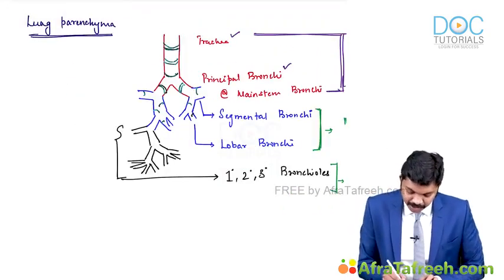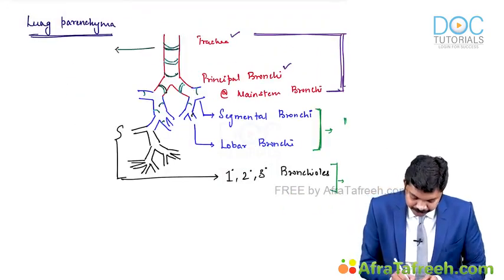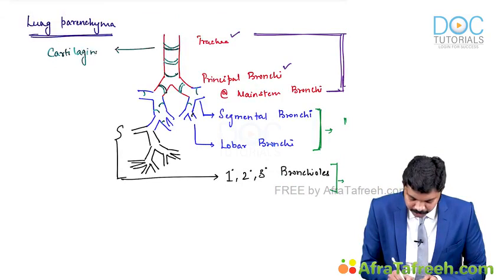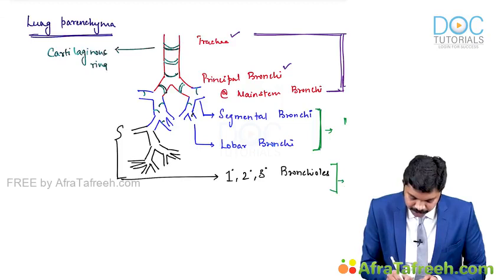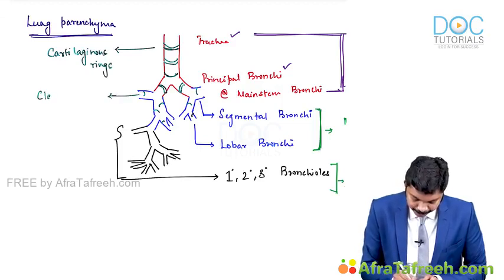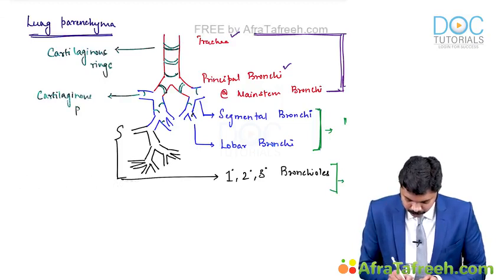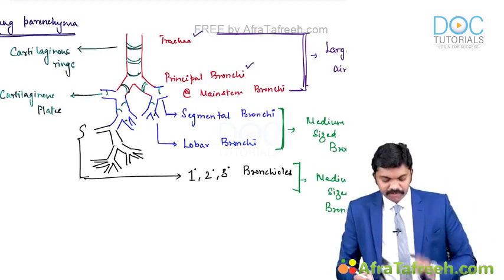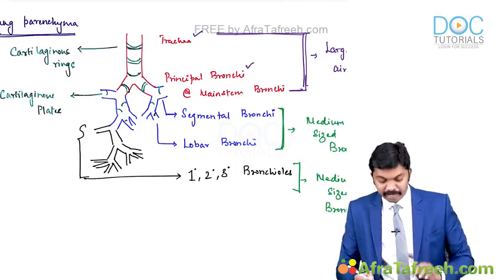So trachea and bronchi have cartilage in their wall, either cartilaginous rings seen in trachea or cartilaginous plates seen in bronchi.